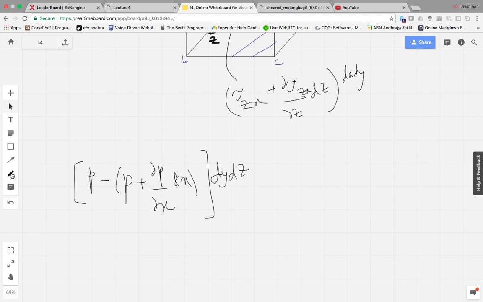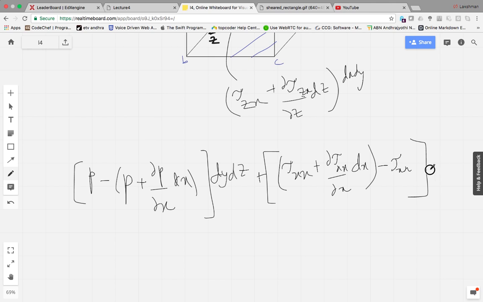In the same way, I will write the normal stress tensor. So I will write tau xx plus del tau xx by del x dx, minus tau xx, multiplied by the surface area of the left and right planes.